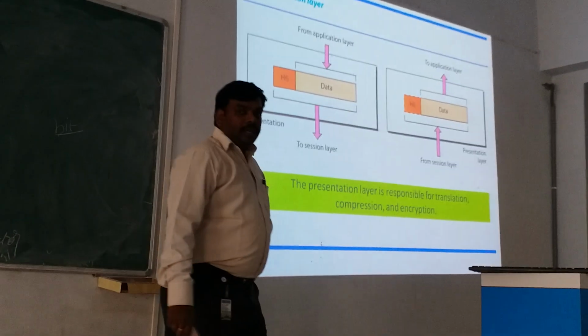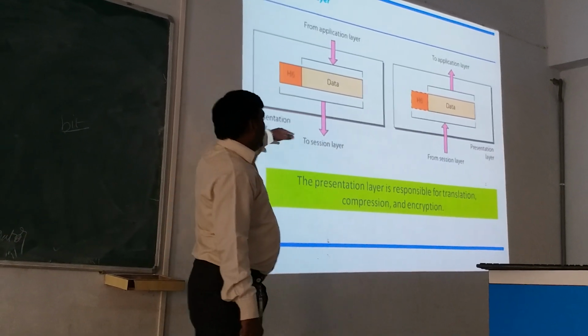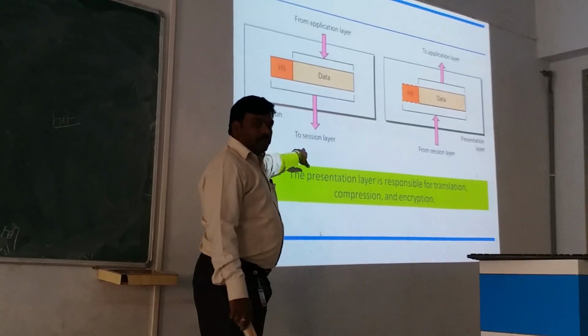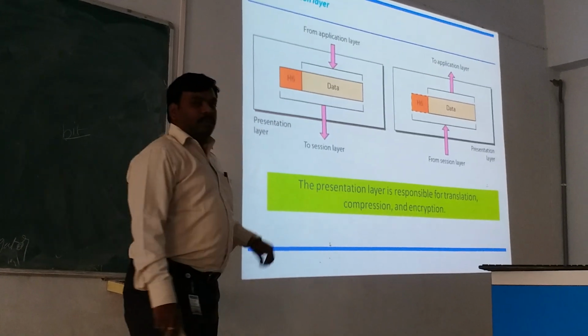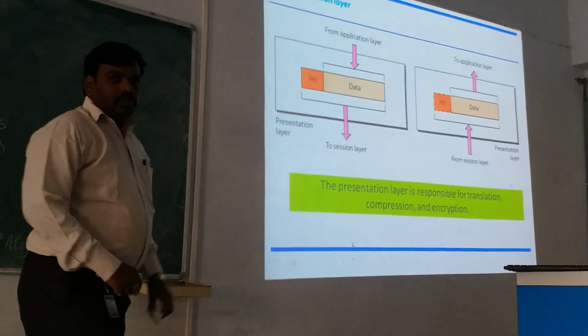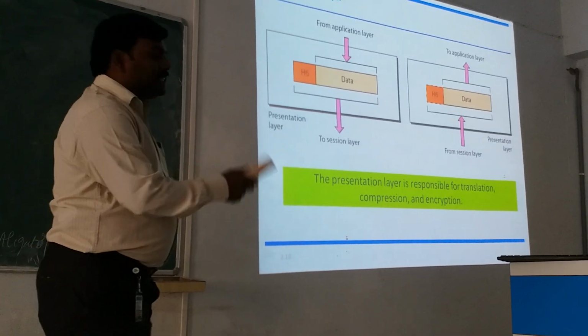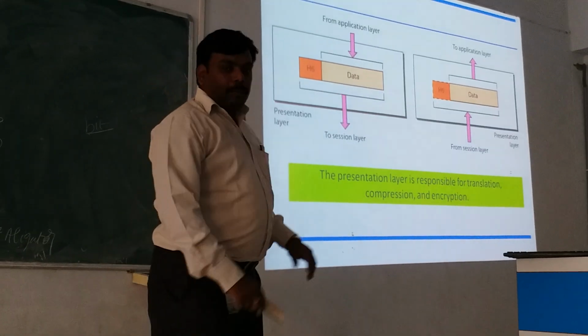Next coming to the presentation layer, the data comes from the application layer to the presentation layer. The data adds one header and gives it to the session layer. So here the presentation layer is responsible for translation, encryption and compression. Translation is nothing but translating from one form to another form. Next one is compression.